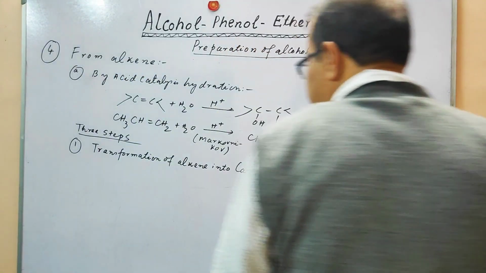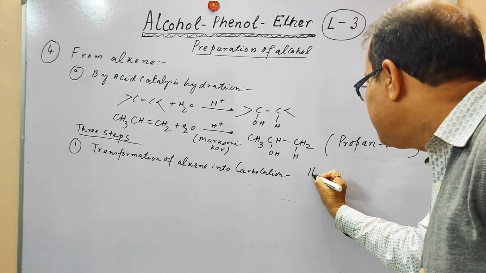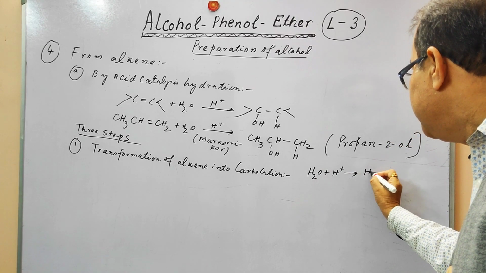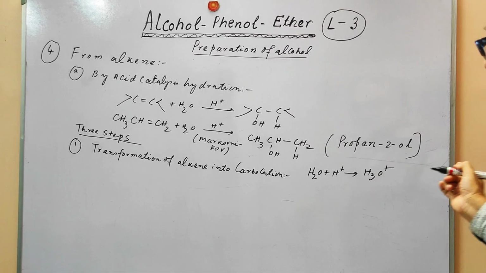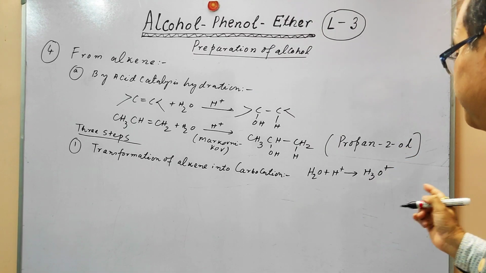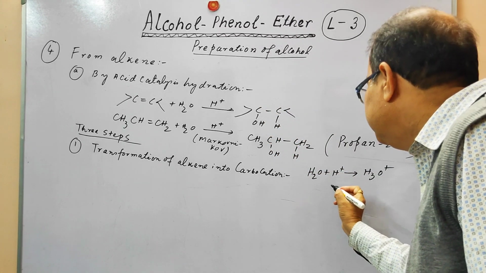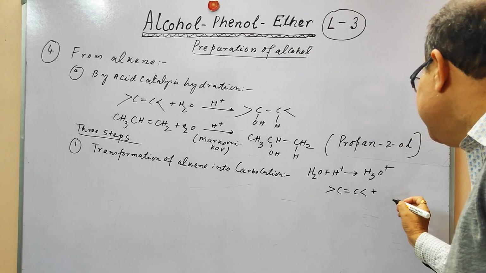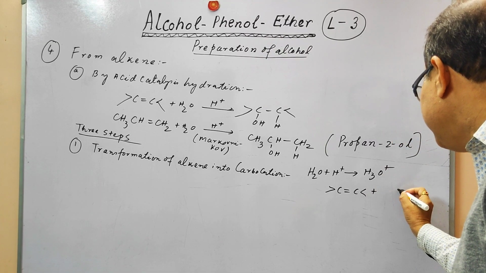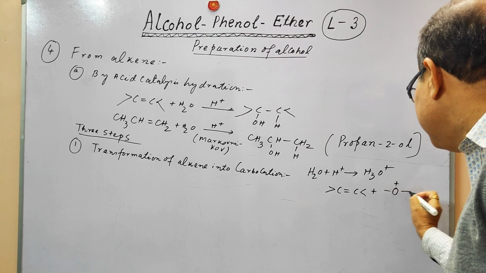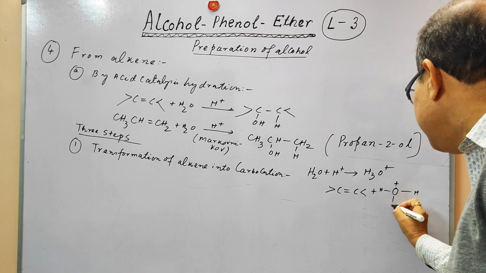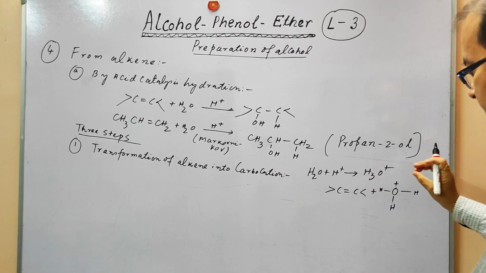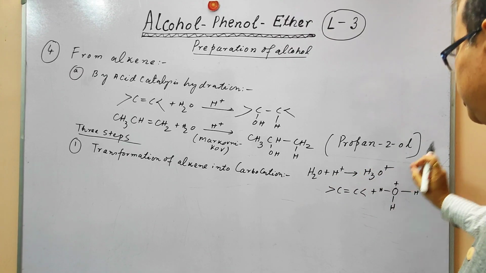This reaction will be like this. First H2O will be converted into the hydronium ion, H3O plus ion. This now acts as an electrophile and it will attack the alkene. So we can write this hydronium ion in this way: hydrogen, hydrogen and this hydrogen. Here, oxygen develops a positive charge.